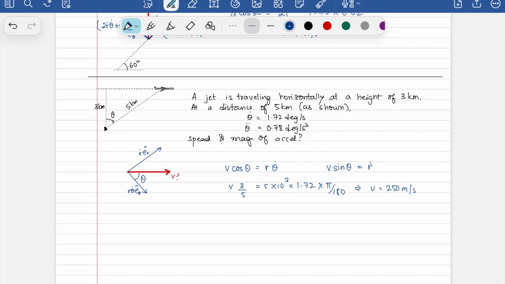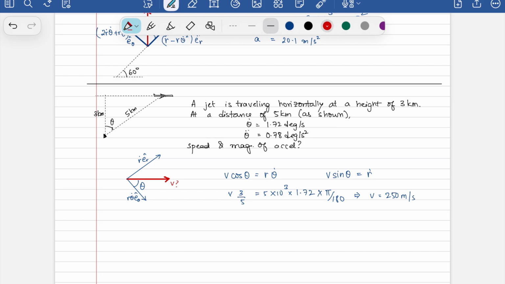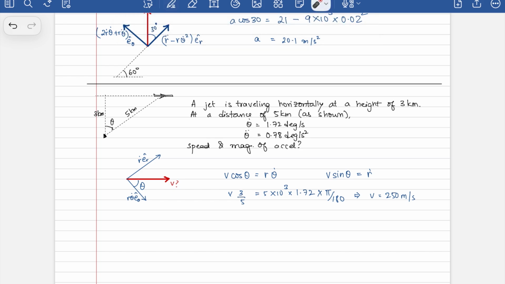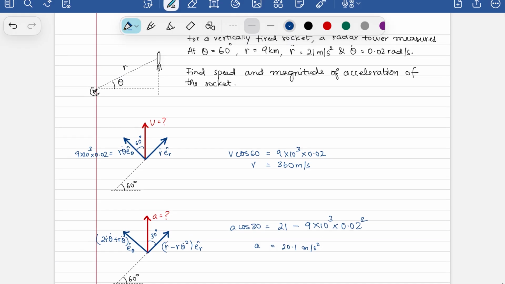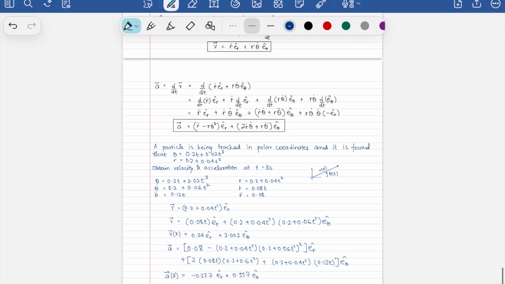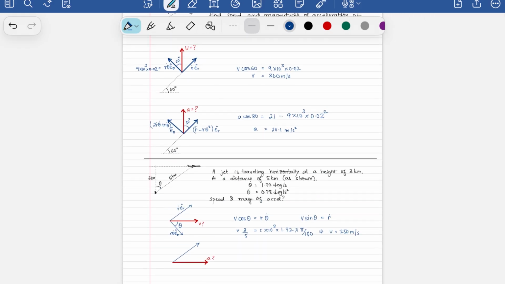Let's now try to do acceleration. In this case, again, theta double dot is positive, which means that the acceleration is also rightward. So we have acceleration A, and there's a component that's radially outward, again in this direction, whose magnitude is, as we saw previously, r double dot minus r theta dot squared.